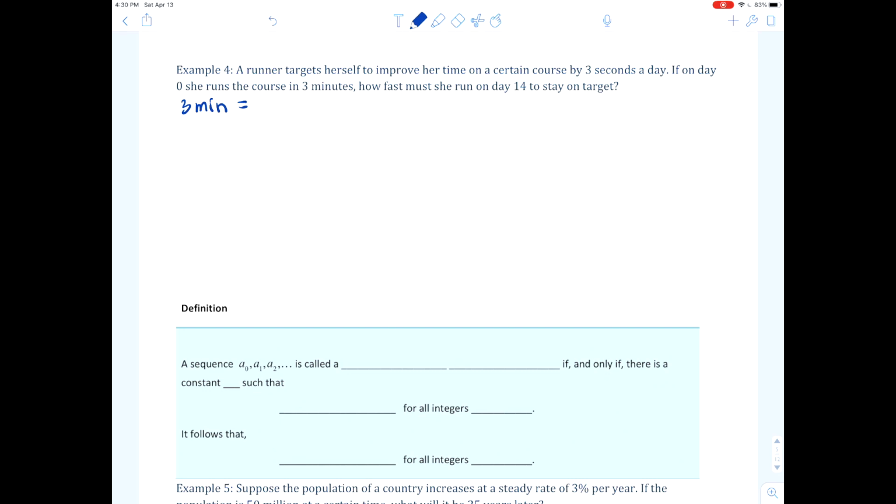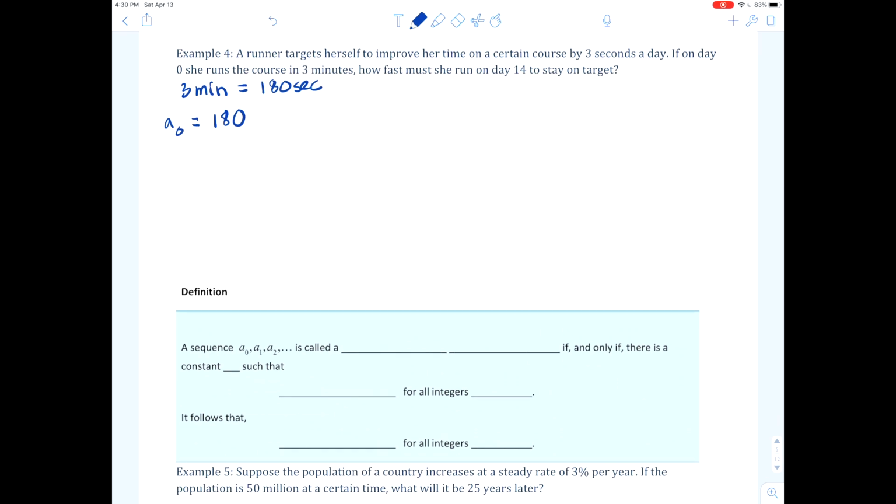Because we have two different units of time. Well, there's 60 seconds for each minute, so do you see we'd have 180 seconds? So on day 0, call it A0, she runs the course in 180 seconds. We'll put the units on at the end.